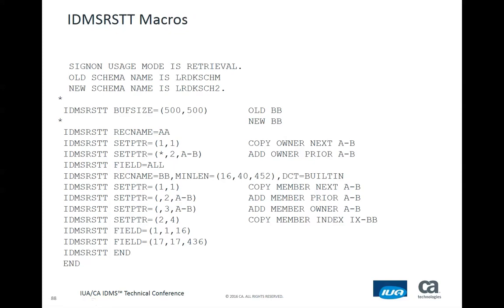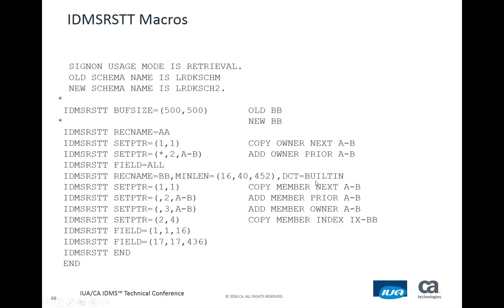If you are not making any changes to the set pointers, you would also specify a SET POINTER equals ALL. So you don't have to get down into the detail of these various parameters unless there are changes to the prefixes or the fields.